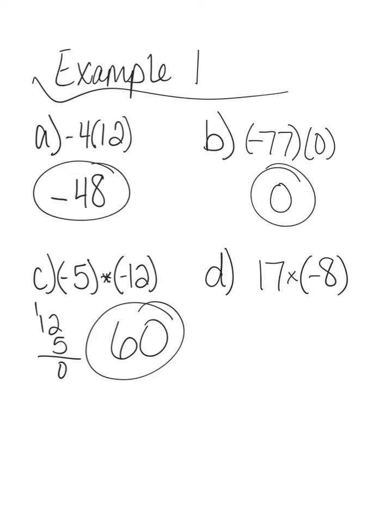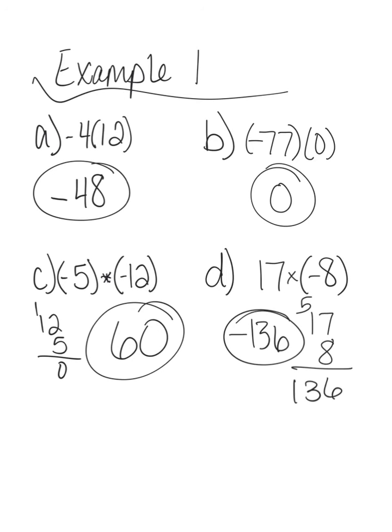If there is one negative and one positive, then we know that the product is negative. And then we can multiply 17 times 8, which is 136. So our final product is -136.